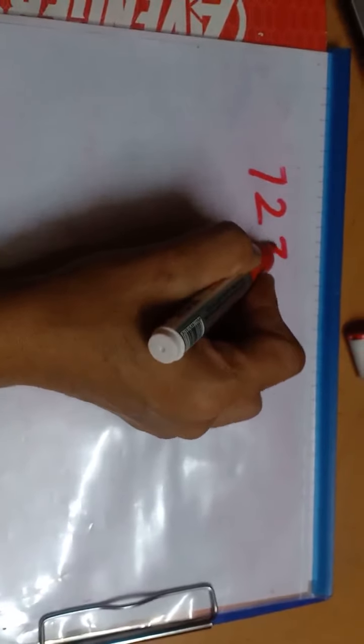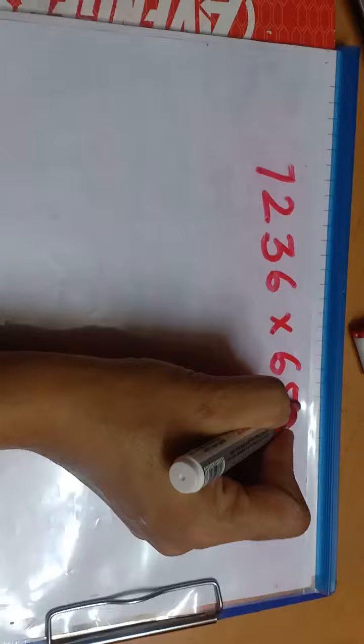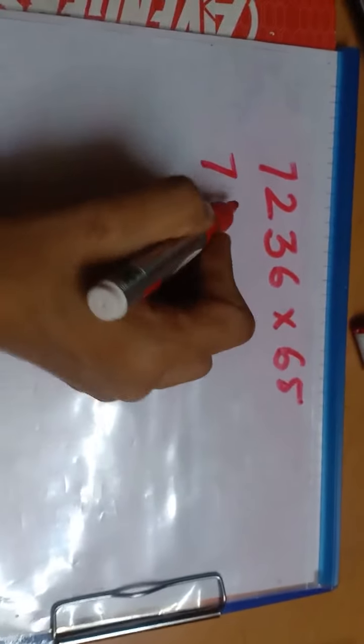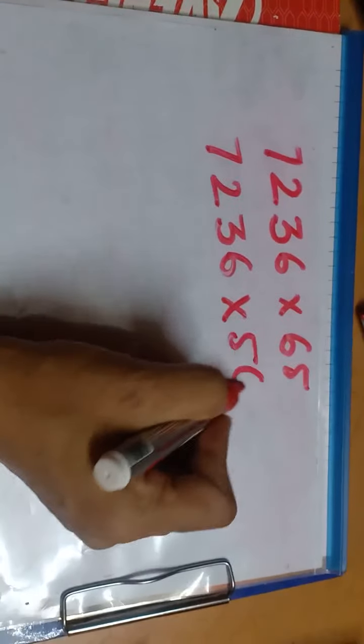Okay. Now see, here what they are saying, that there is a student. The question that was given to the student was that the child was supposed to multiply 7,236 by 65. But that child, instead of multiplying by 65, he has multiplied 7,236 by 56.